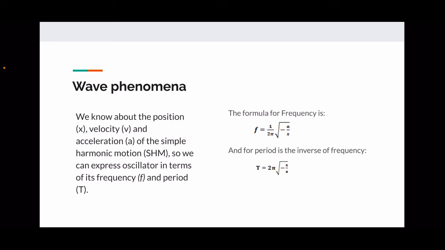And for the other side, the formula of period is T equals 2 pi multiplied by the square root of minus x over a. T meaning the period, x meaning position, and a acceleration. This formula is represented in seconds.